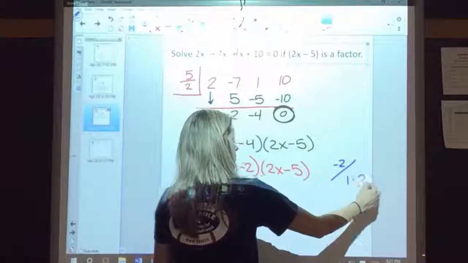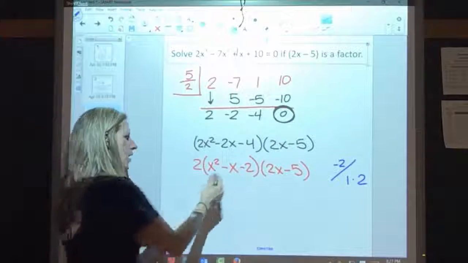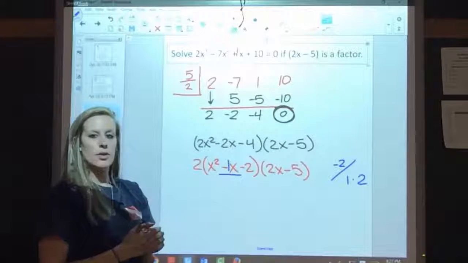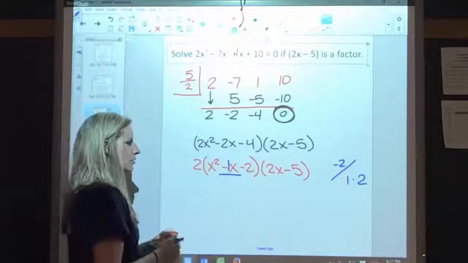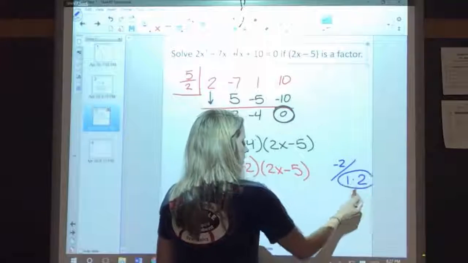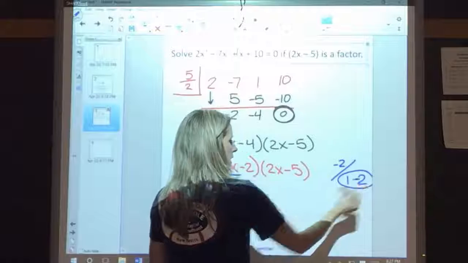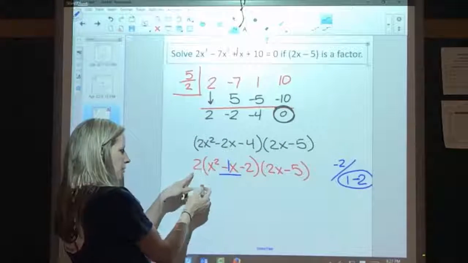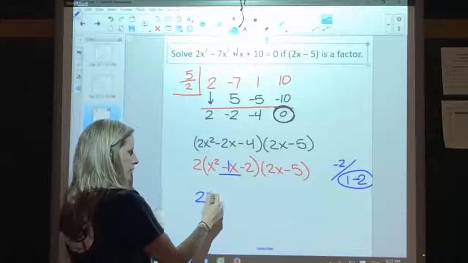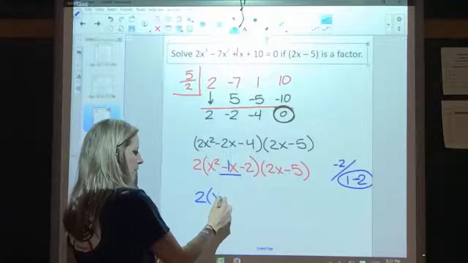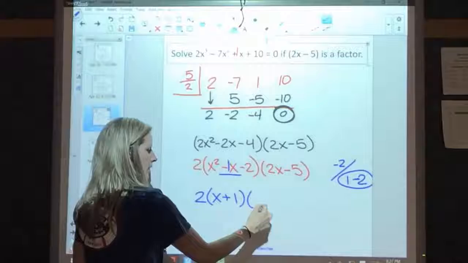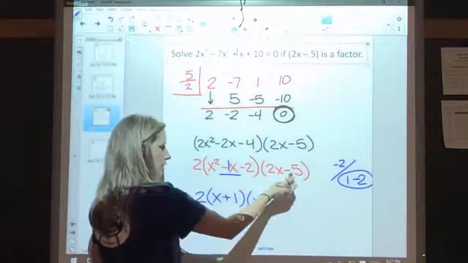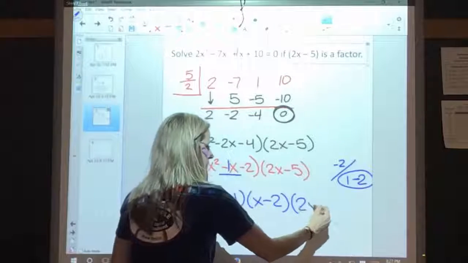It's 1 times 2. So how are we going to get a negative 1 in the middle? Okay. That 2 would be negative. Your bigger number would be negative. So I'm going to bring down my greatest common factor, and then my factors will be x plus 1, x minus 2, and then they gave me 2x minus 5.